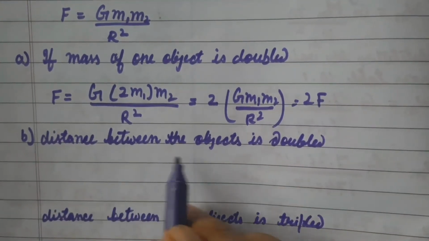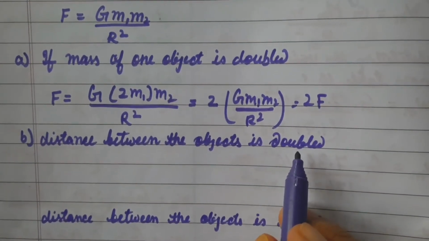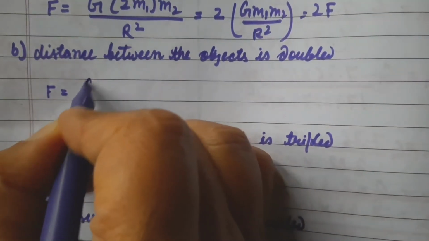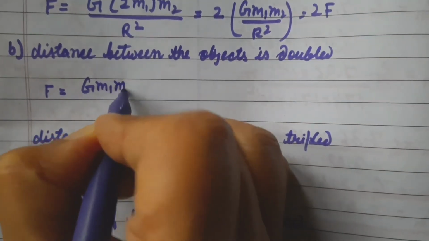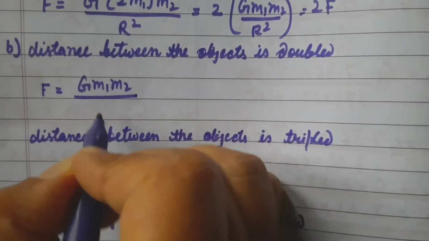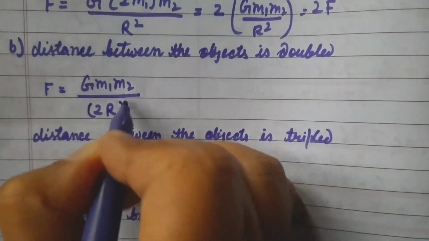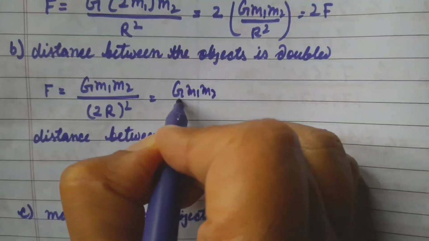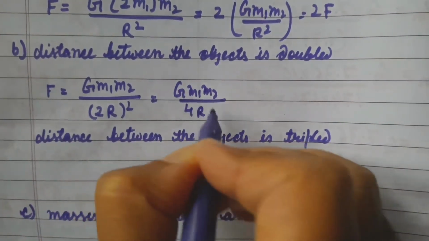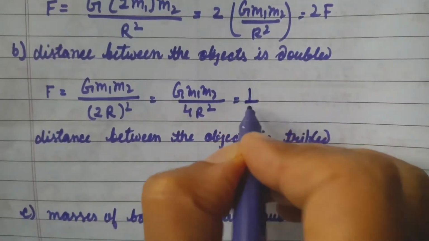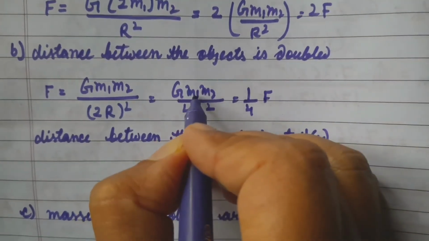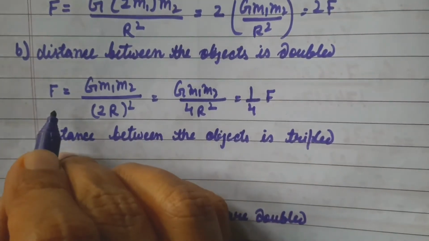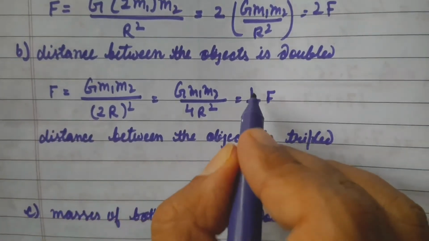B part, the distance between the objects is doubled. Then F equals G m1 m2 upon (2r) square. It will become G m1 m2 upon 4 r square, which means 1 upon 4 F, since G m1 m2 upon r square is F. Thus, the gravitational force between the two objects becomes 1/4.